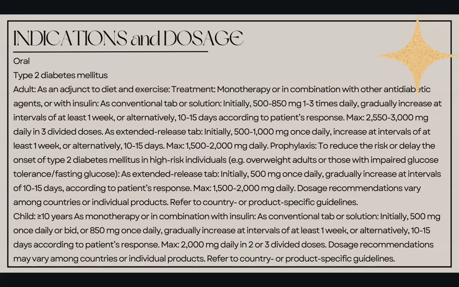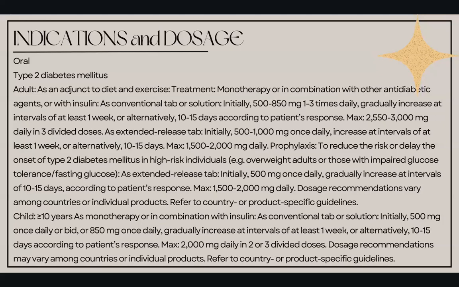Prophylaxis to reduce the risk of or delay the onset of type 2 diabetes mellitus in high-risk individuals: as extended release tablet, initially 500 mg once daily, gradually increased at intervals of 10 to 15 days according to patient's response. Max is 1500 to 2000 mg daily. Dosage recommendations vary among countries or individual products; refer to country or product specific guidelines.